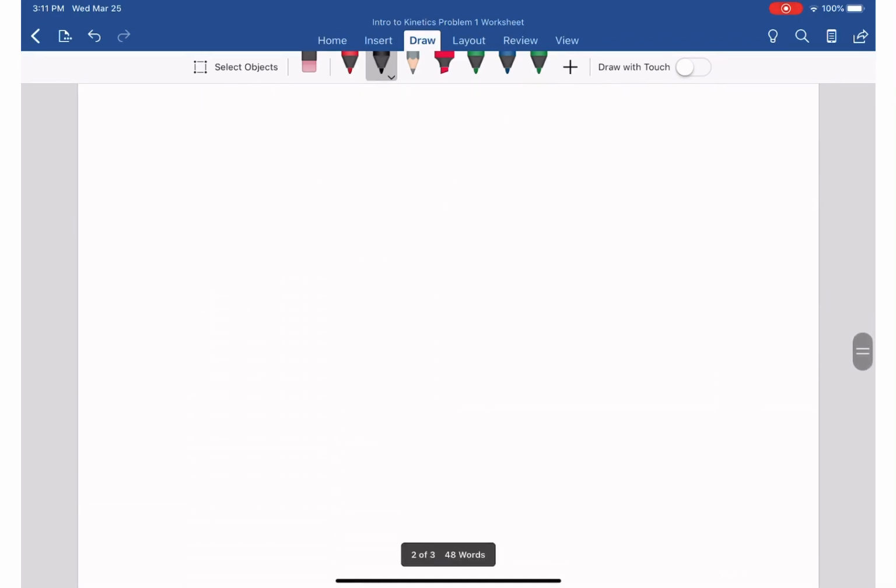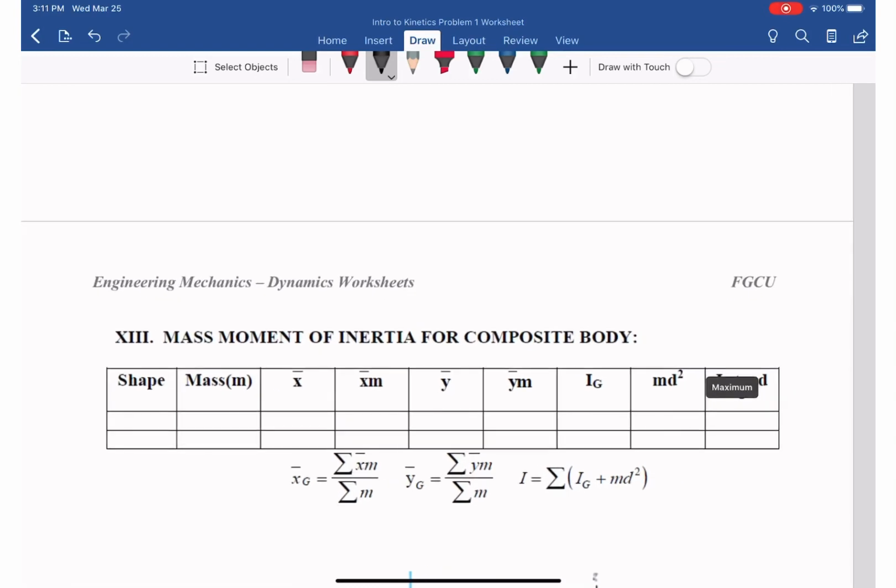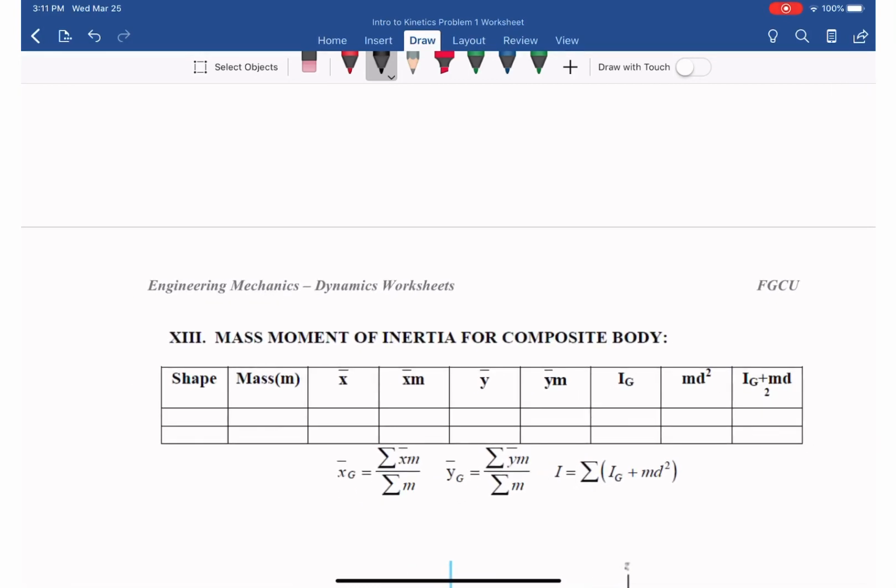Go to the reference data card, section 12. This is the table, and similar to finding the centroid, basically this section is to find the centroid, or in this case the areas are replaced with the mass, so we find the center of mass.